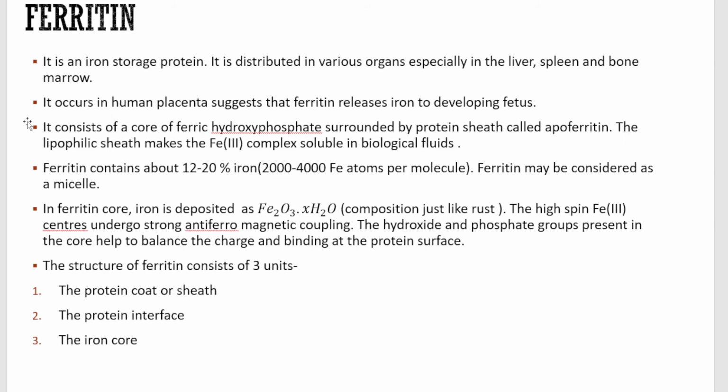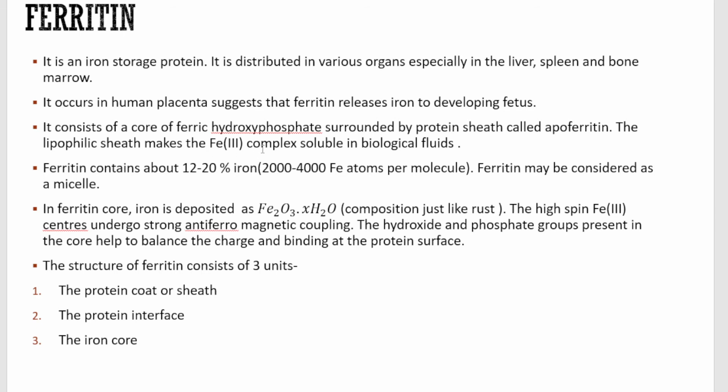And this sheath is lipophilic, meaning to say it is lipid loving. Because of that, it makes the Fe3 complex that is present in the core soluble in the biological fluid, because this sheath that is covering the main core is lipophilic in nature.